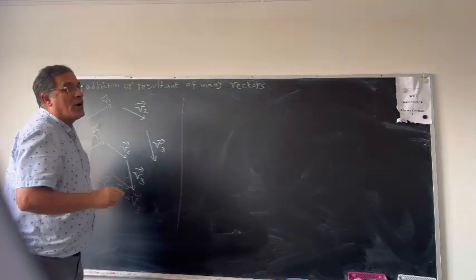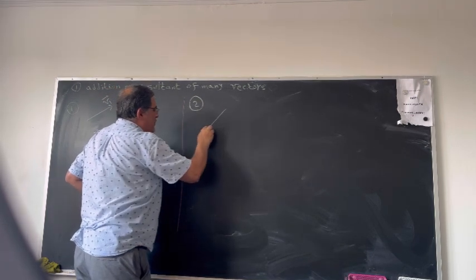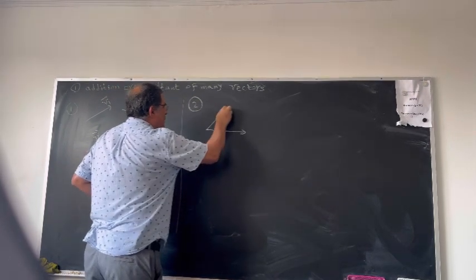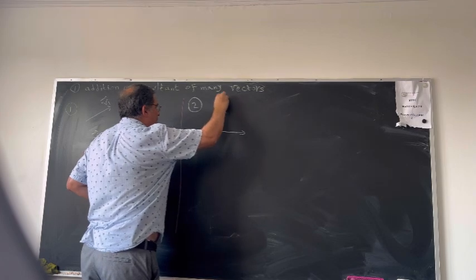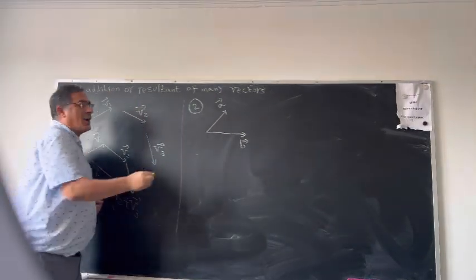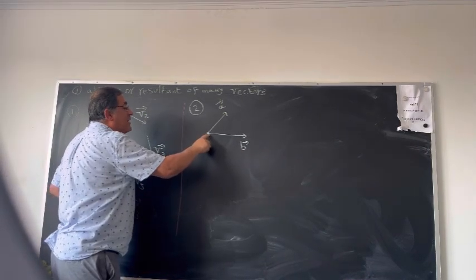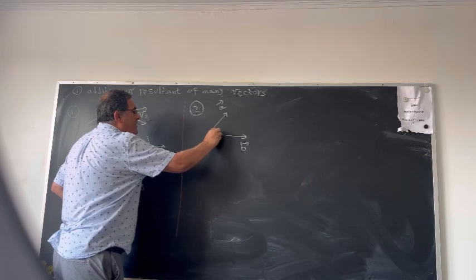Second case: how do you find it? You have two vectors, vector A and vector B. Tail and tail make the angle theta.